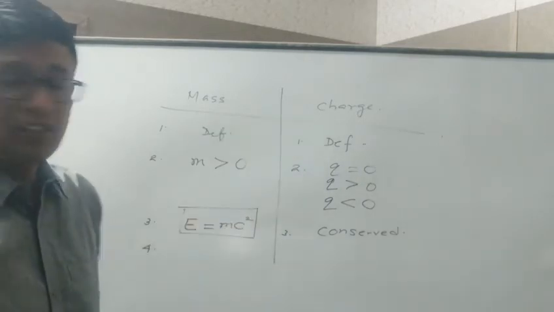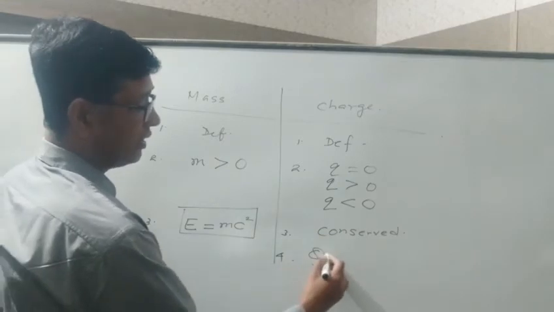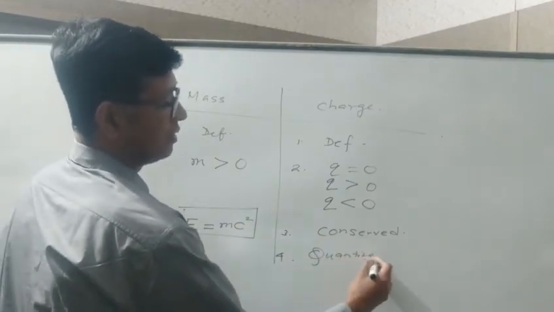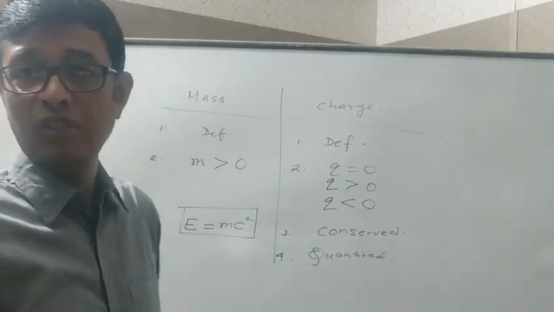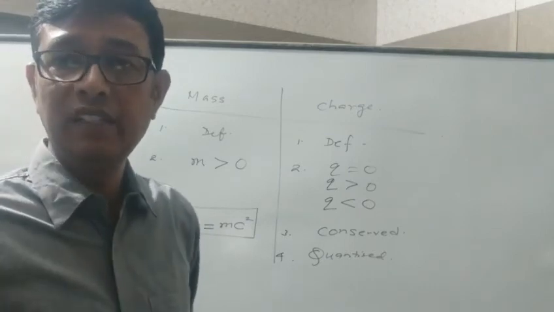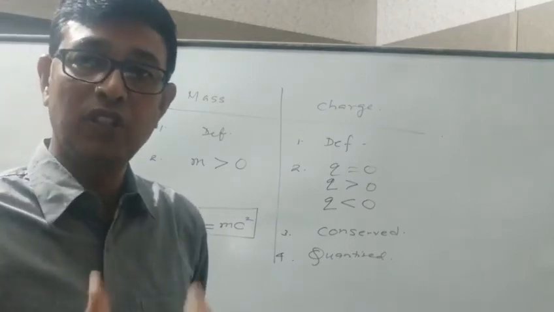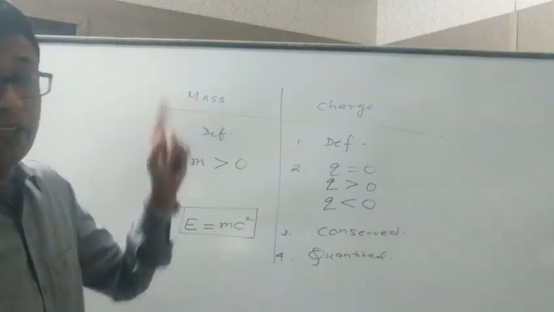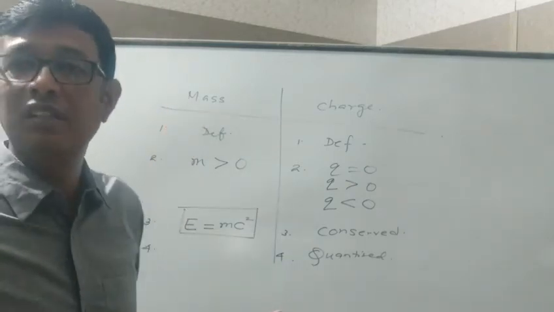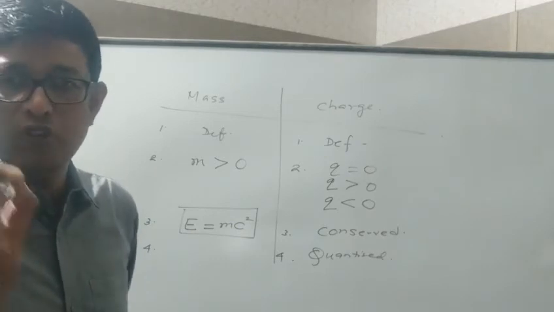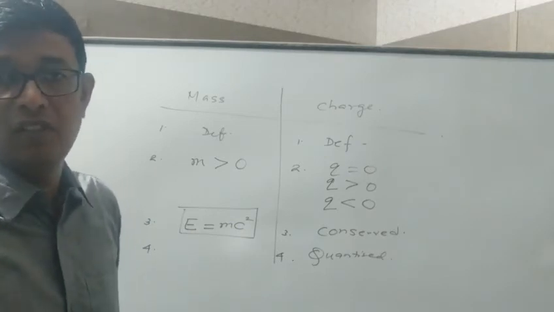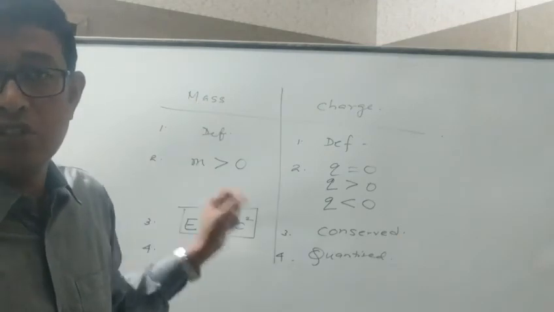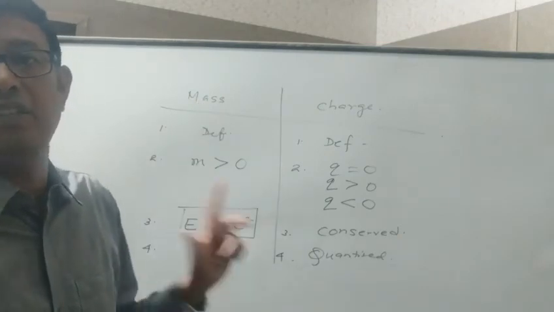Then, charge is quantized. We have discussed charge is quantized. That is, the net charge on a body is given by some integral multiple of the smallest unit of charge. While on the other hand, the quantization of mass has not yet been established. Smallest unit of mass, we are unsure about it. So the quantization of mass has not yet been established.